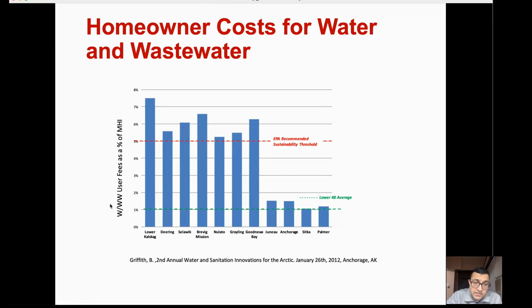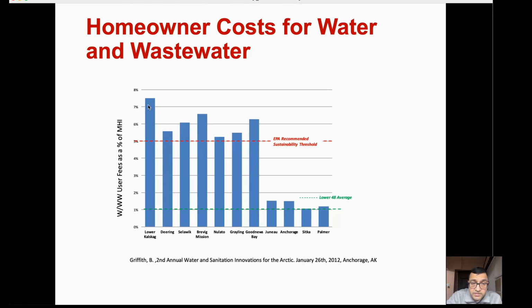The y-axis is the water and wastewater user fee as a percentage of monthly household income. And here, the green line shows the lower 48 average, which is about 1% of the monthly household income. But for rural Alaska, it pretty commonly exceeds 5 to 6%.